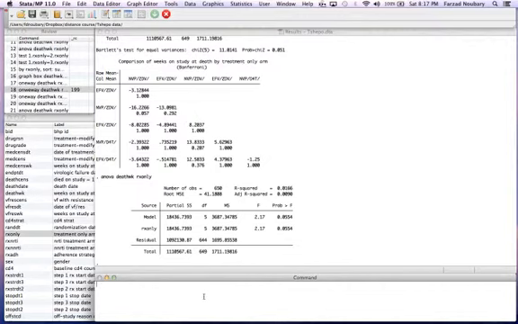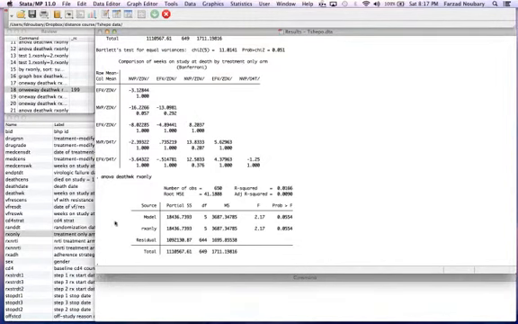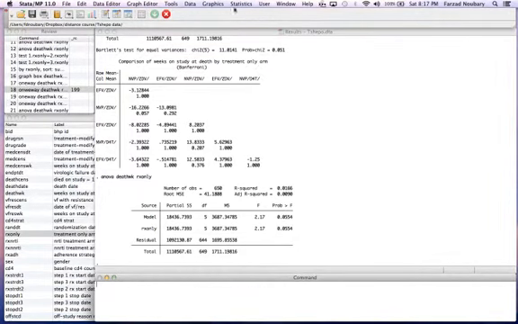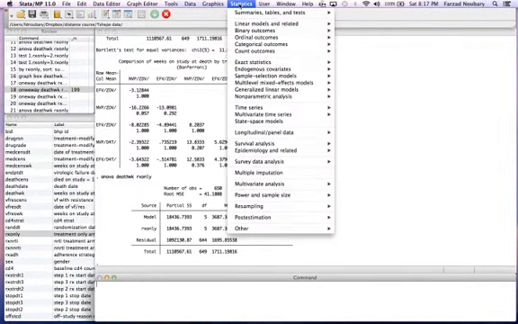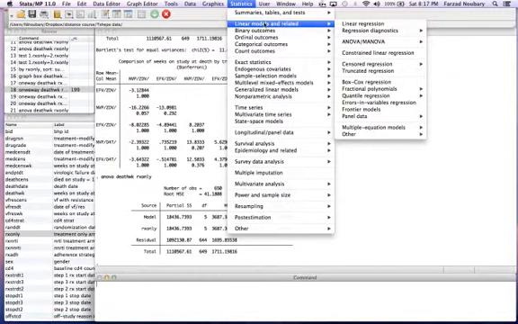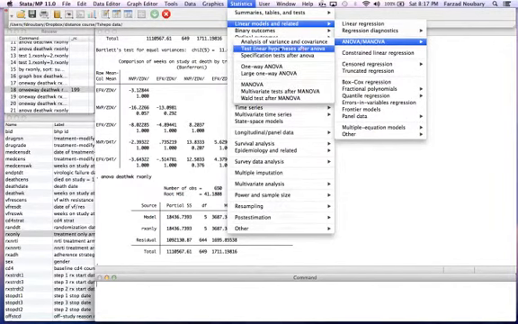Okay? And again, if we didn't know the anova command when we're first starting out, we could use the drop-down menus. We would go to Statistics, Linear Models and Related, ANOVA/MANOVA, and then Analysis of Variance and Covariance. So Statistics, Linear Models and Related, ANOVA/MANOVA, Analysis of Variance and Covariance.